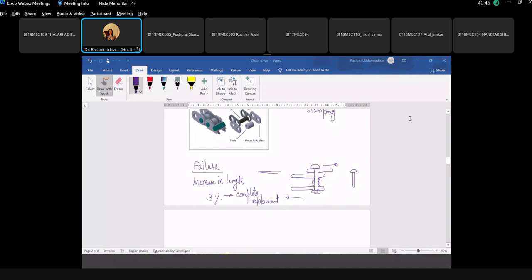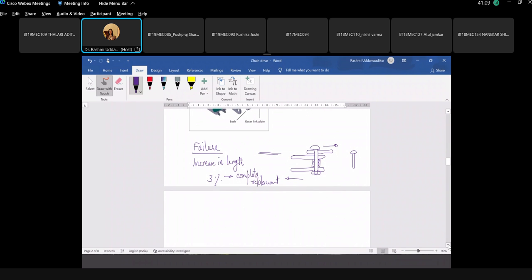So I repeat, whatever points you were giving me, they were right, but they were the indirect reason. It's not like in the case of a gear, where the tooth would fail, or in the case of a belt, where the entire belt might rupture, or the joint of the belt might open up.